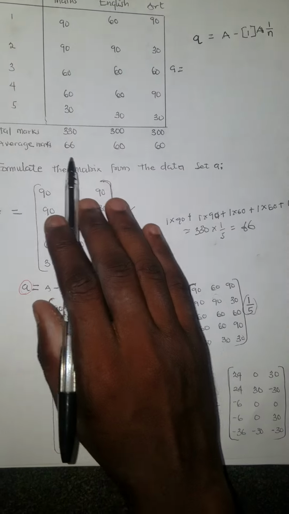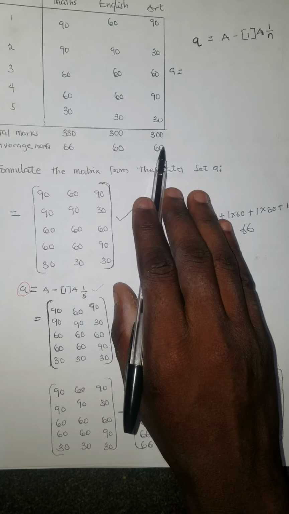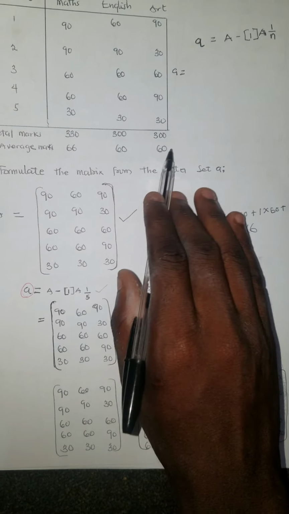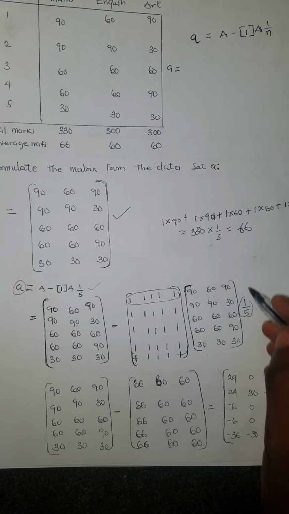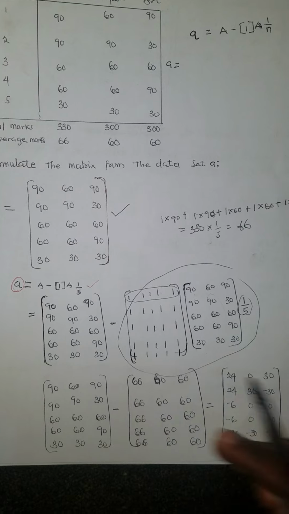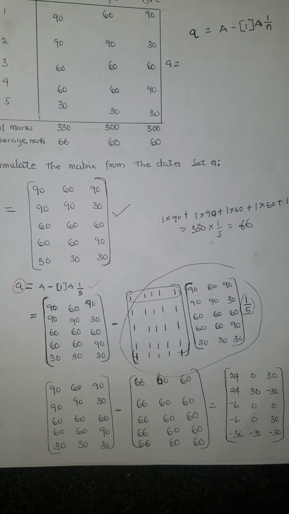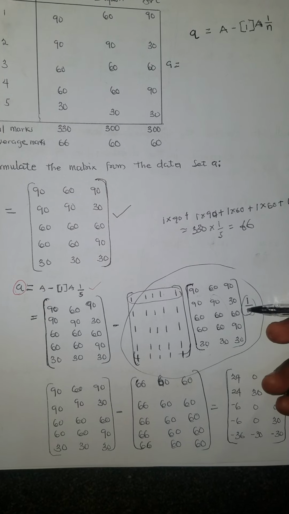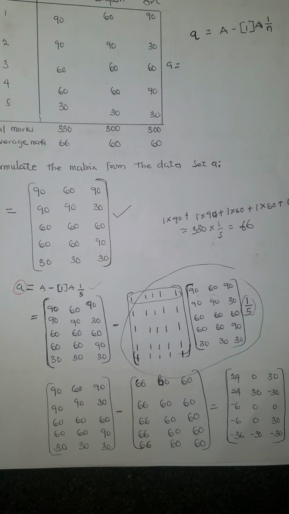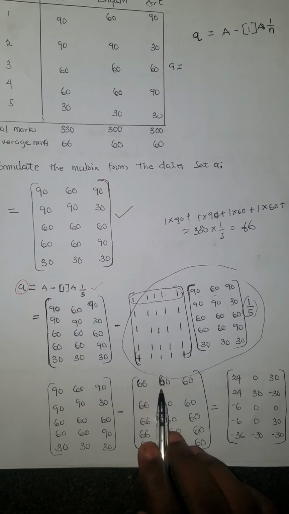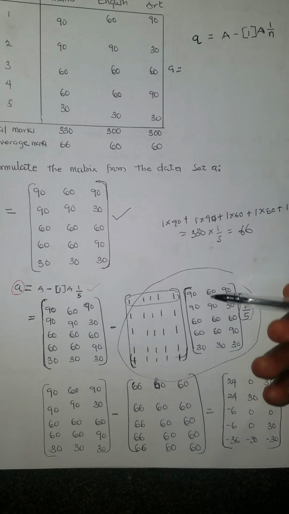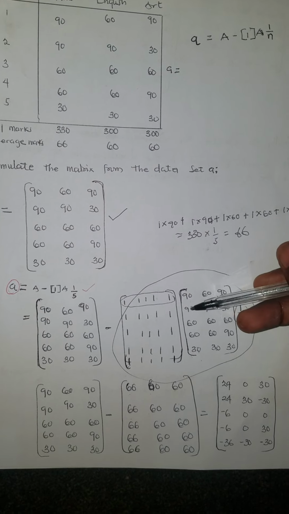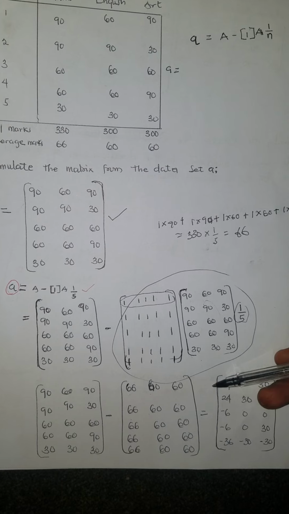You now pick this row to do the same thing. So you realize that this thing will be repeating. The mean or the average marks will be repeating. So the whole of these two matrices, with the constant here, will be repeating as 66, 60, 60, 66, 60, 60, the number of times of the number of rows.